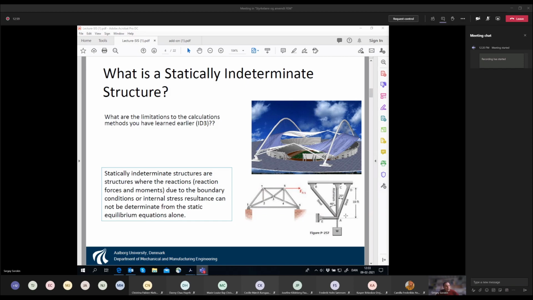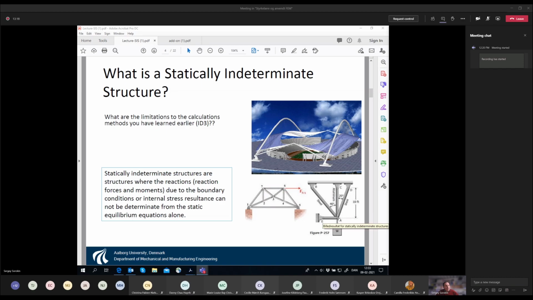For example, here in this simple example in the right down corner, you see that we have these 4 elements which are connected all together in this joint below, capital A, and then it is loaded by the weight W. In this case, we have the forces coming through the same point.